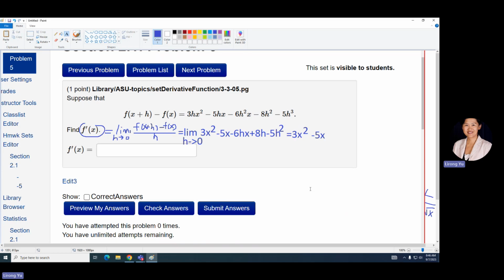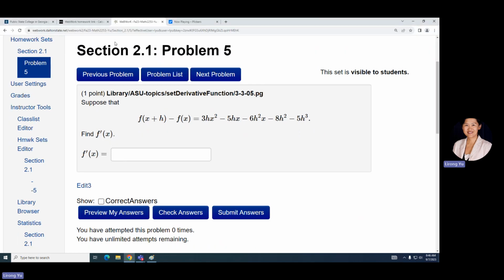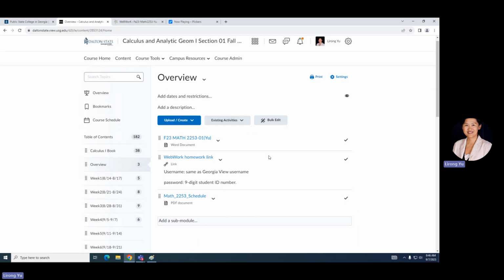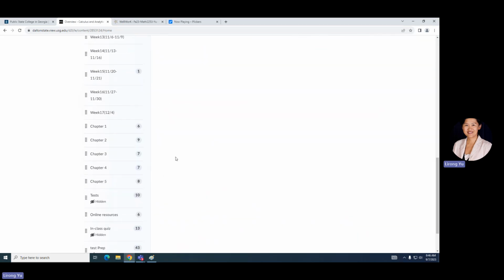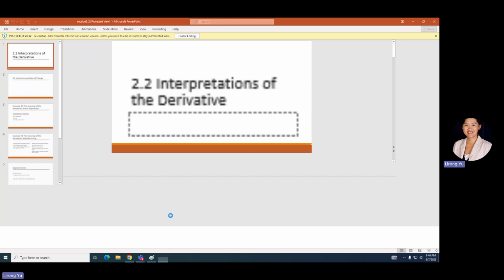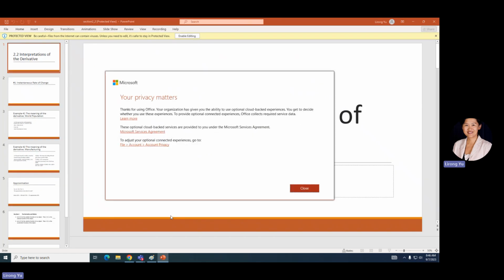All right. Let's talk about 2.2. Basically 2.2 is not a large section. It's mainly about understanding the meaning of derivative, and there are only 2 parts. One is to understand the meaning of derivative algebraically, the meaning of the word, and 2 is to understand it geometrically.